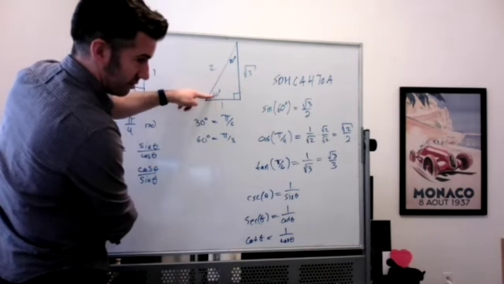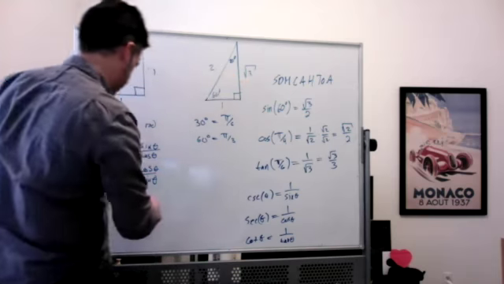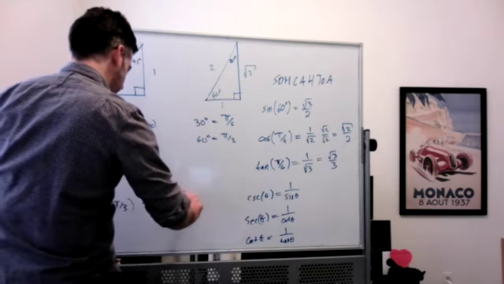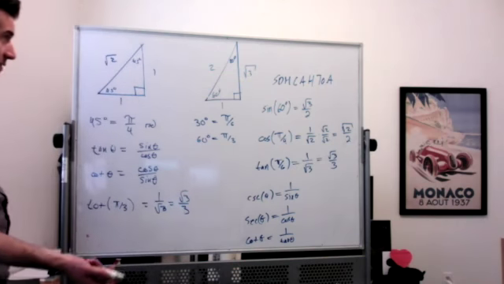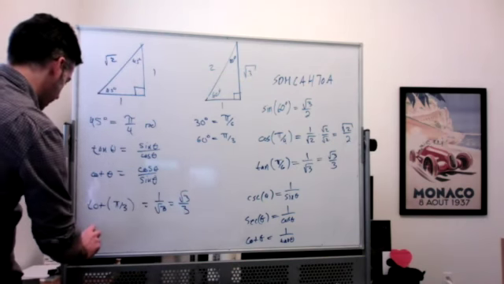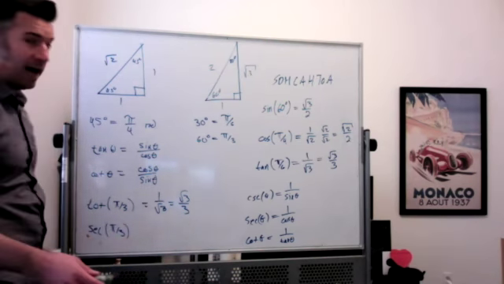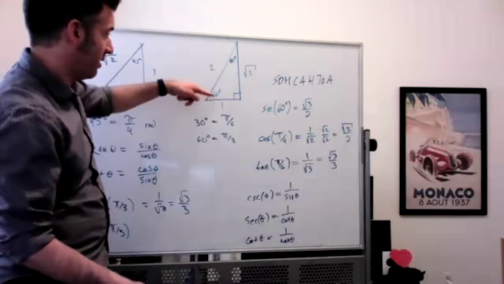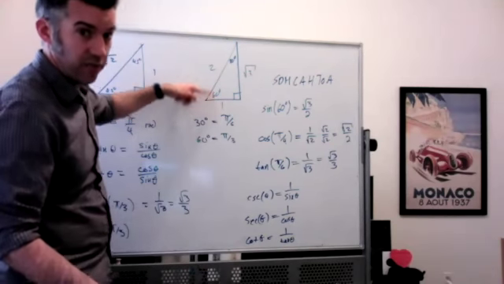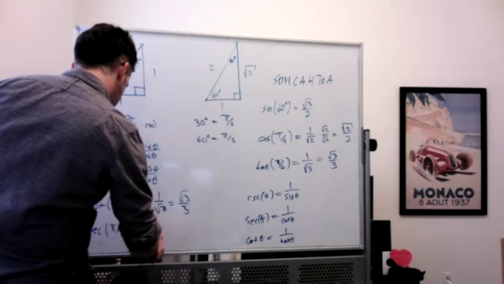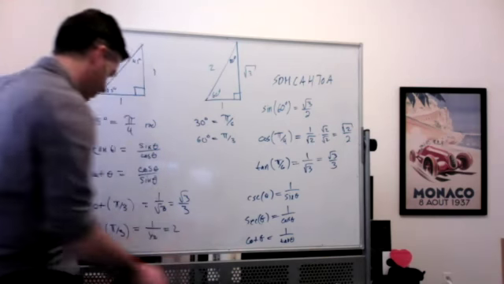So cotangent is the reciprocal, adjacent over opposite, which is also going to be root 3 over 3. Or if I wanted to find secant of pi over 3, I'm going to find cosine first. So cosine of pi over 3 is adjacent over hypotenuse, which is 1/2. So it's going to be the reciprocal of 1/2, which is going to be 2.